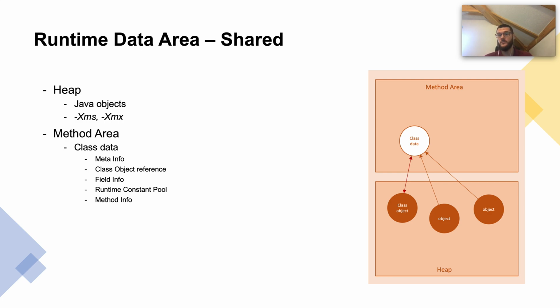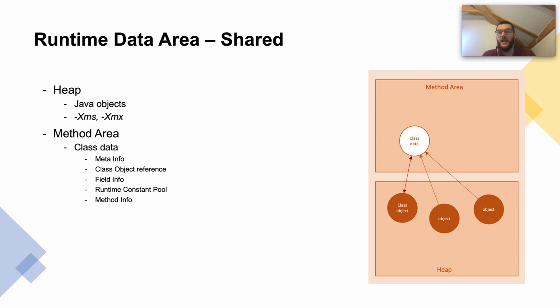So this is the fully qualified name of the class itself, also the names of the superclass or super interfaces, whether it is a class or an interface, whether it is final or abstract, and all that stuff. Then the class object reference. The relationship between the class object on the heap and the class data in the method area is bidirectional.